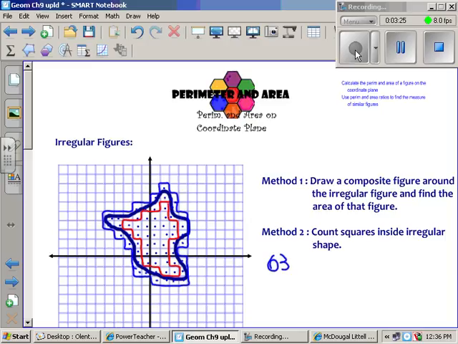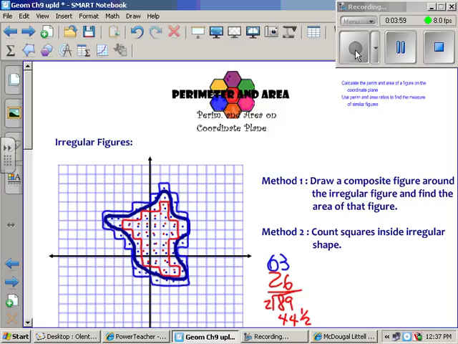And they counted those up, and got 26. And then they averaged them. So that's 89, right? Divided by 2 is 44 and a half. So they would get 44 and a half.